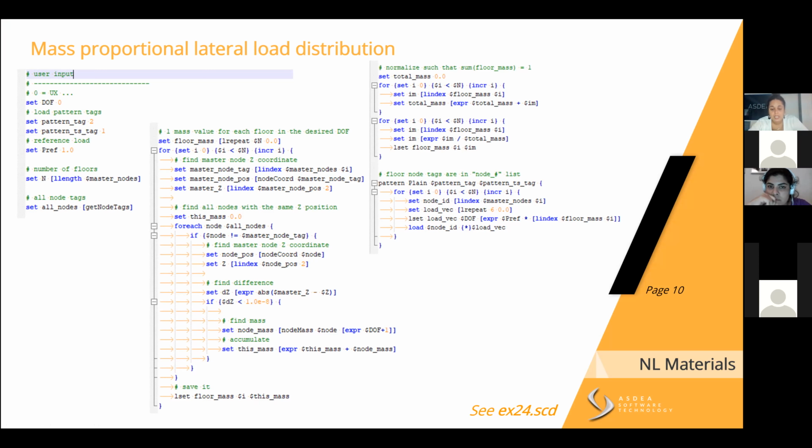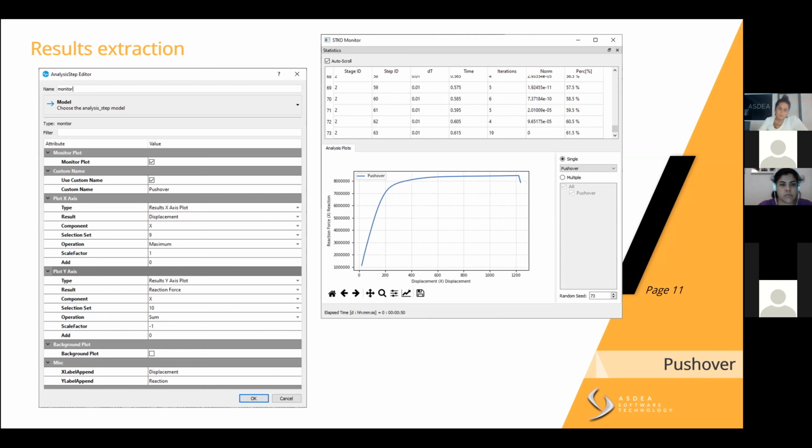And with the STKO interface, you can do things that by hand would be a bit more cumbersome. So just to end, I'm sure you guys know this already, because it was in some of the slides before: to extract results, you can go into the post processor and extract results on the nodes, let's say reaction forces, and sum them at the base, and then results on the top, like maximum displacement at the top nodes.